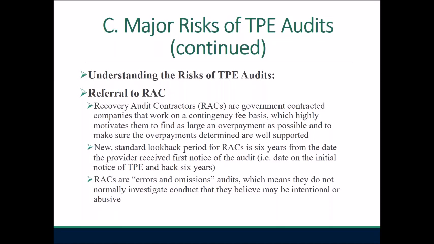That regulation has been updated, and it's just a flat 6-year look-back period across the board. RACs are error and omissions auditors, which means they're very focused on the technical aspects, timing of delivery of service, certifications, recertifications. They're pretty focused on the compliance elements and are pretty good at it, honestly, too.